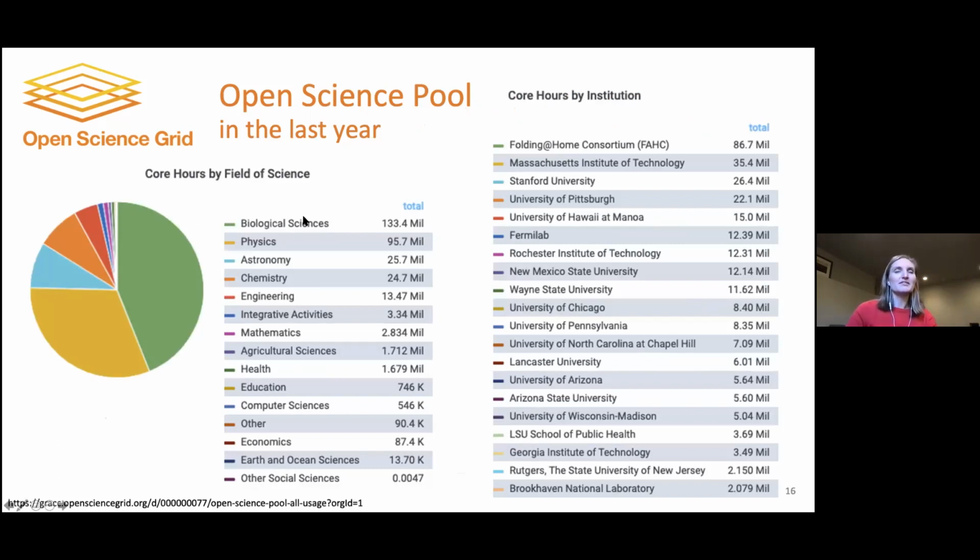And you can see that we've got a good breadth of research domains represented in the Open Science Pool. So if you're considering contributing, you have some assurance that this really is a diverse community. And there are campuses, even smaller campuses, that show up in the top users in terms of researchers from those campuses who come to the Open Science Pool, often through OSG Connect.